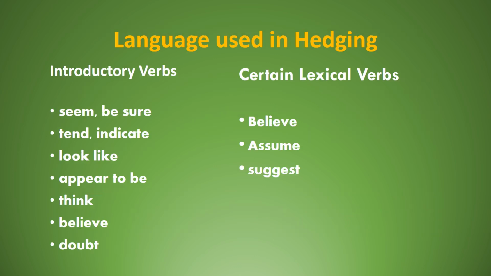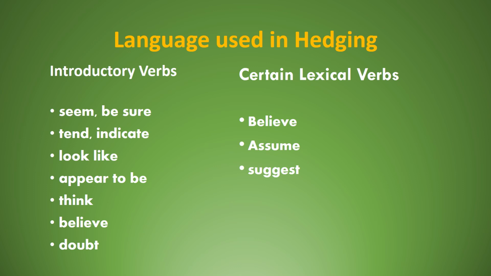So we have here some words applicable to be used in hedging so that we could have a proper stance in our claim. For example, introductory verbs: seem, be sure, tend, indicate, look like, appear to be, think, believe, and doubt.